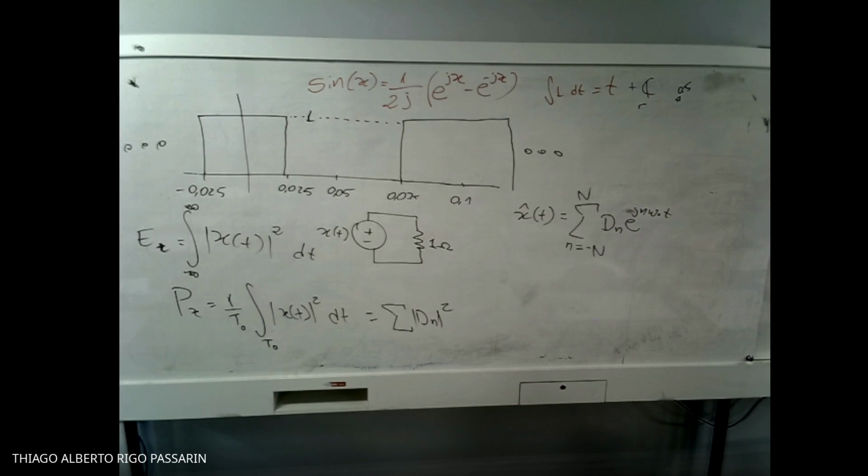If I do this, this is a percentage of how close I am to the signal. Here, with just one coefficient, I'm already above 90%. With just the constant term and the first coefficient, I already have more than 90% of the signal.